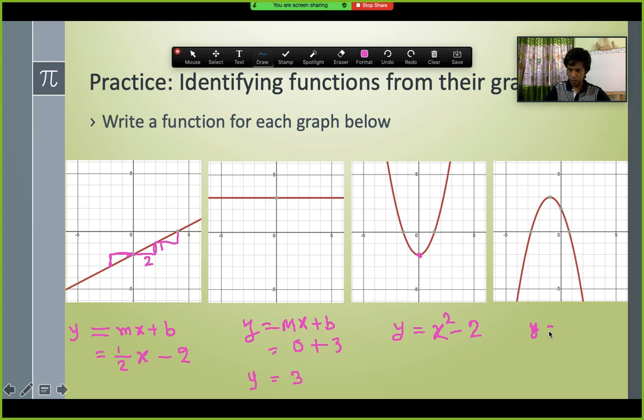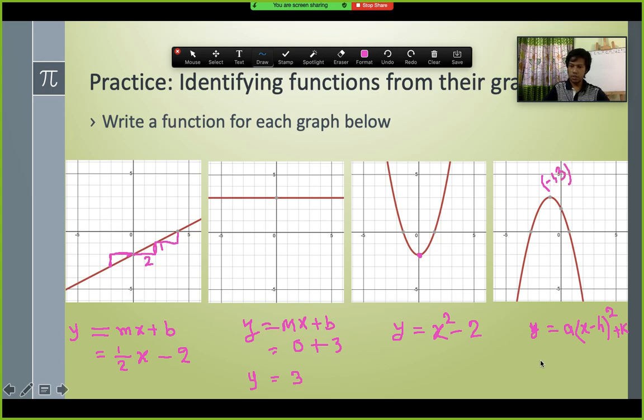Let's say y = a(x - h)^2 + k. We use this formula, where (h, k) is the vertex, because we can see the vertex directly. You can say, sir, why did you not use this formula earlier? Actually, we can use this formula there also. It will give us the same answer. So the vertex is (-1, 3).